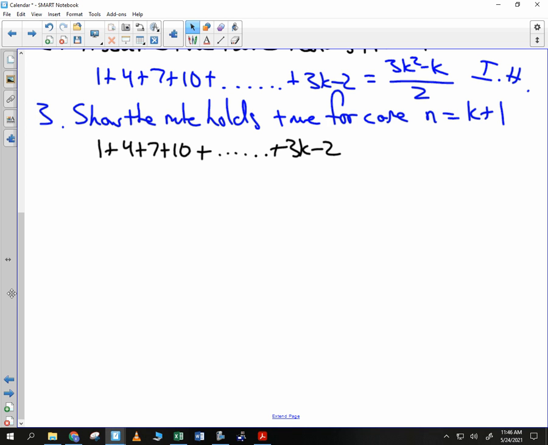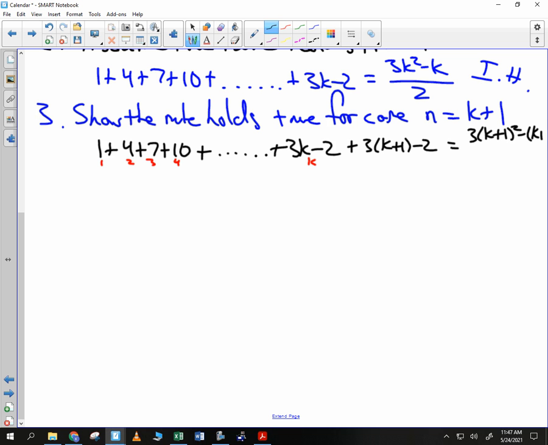So this is your first term, second term, third term, fourth term. This is your k term. I need the k plus 1 term. The k plus 1 term is 3 times k plus 1 minus 2. And that's going to be equal to 3 times k plus 1 squared minus k plus 1 all over 2.